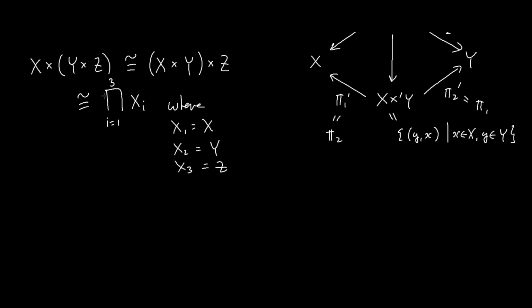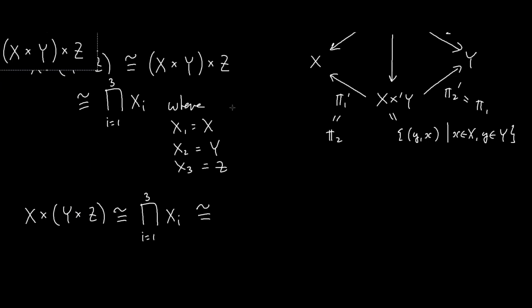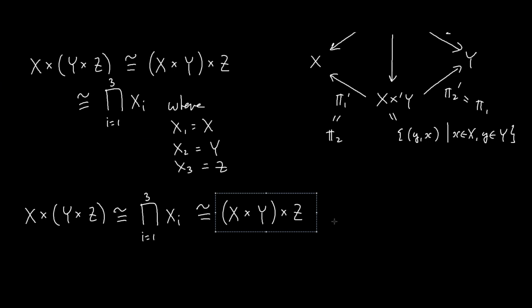And in fact, that would be a clever way of establishing the isomorphism between these two, namely to establish that this thing over here is isomorphic to the product of the three, and then to establish separately that the product of the three is isomorphic to the other one, but that can be done almost by the same argument. We just swap things around in the proof.